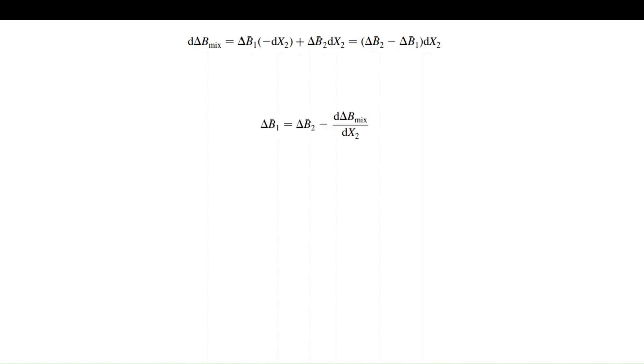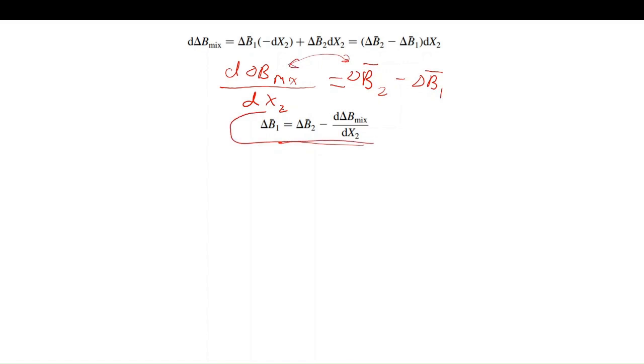Simplifying the above equation, it will simply be d delta B mix upon dx2 equals delta B2 bar minus delta B1 bar. If I take this to this side and this to this side, I obtain this equation. Now dx2 can be replaced in terms of dx1, as we have seen earlier.